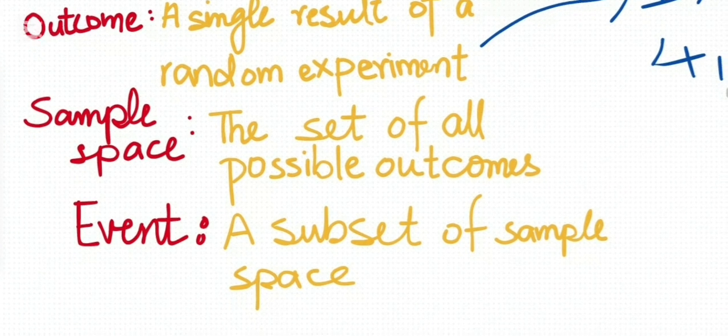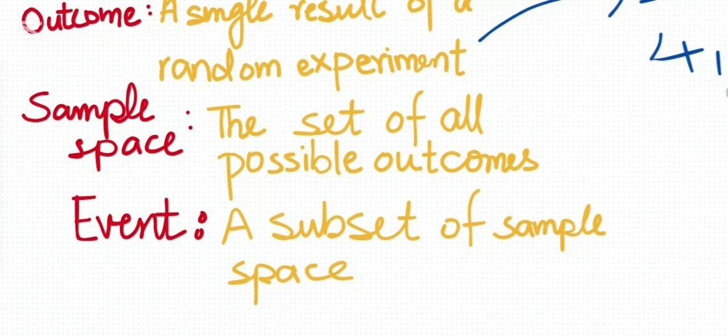Now, event. An event is a subset of the sample space, the set of outcomes that satisfy a specific condition. For example, in rolling a dice, an event could be rolling an even number. So the event is 2, 4, 6, like that.